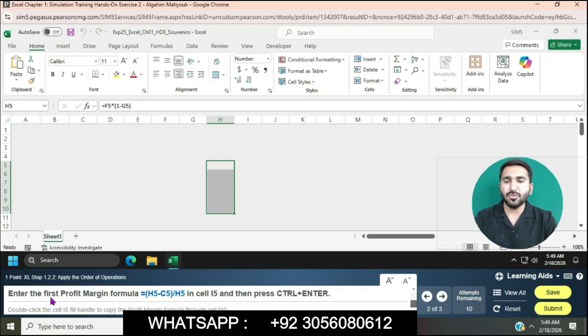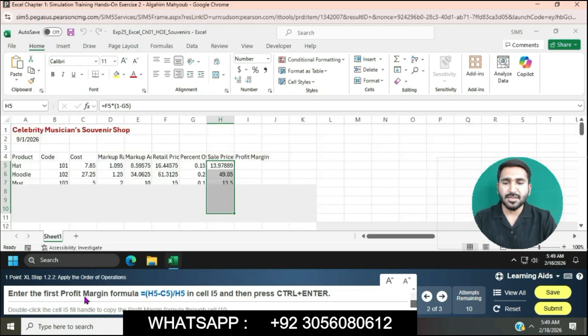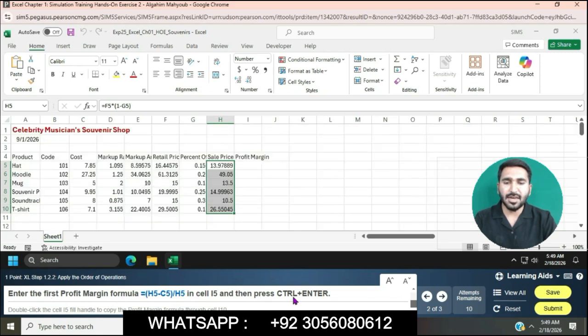Now enter the first profit margin formula, which is equal to H5 minus C5, divided by H5, in cell I5 and then press Ctrl plus Enter. So we will click on cell I5 and enter the first profit margin formula: H5 sale price minus C5 cost, divided by sale price.